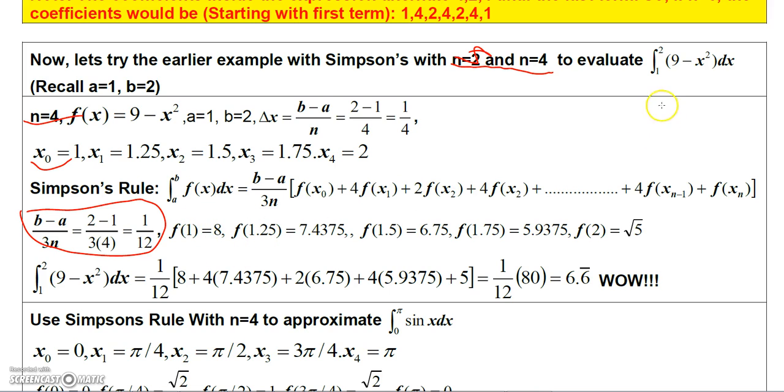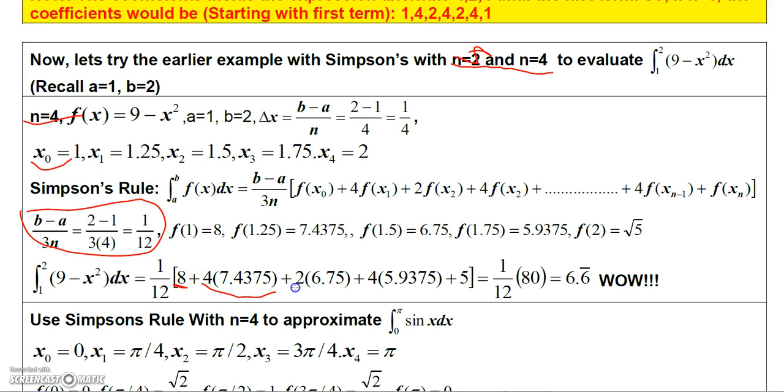So evaluate this function at each of these values to get your functional values, and then you're going to do 1/12, that's the b minus a over 3n, and then here you're going to have f of 1, and then remember we start with 4 times f of 1.25.